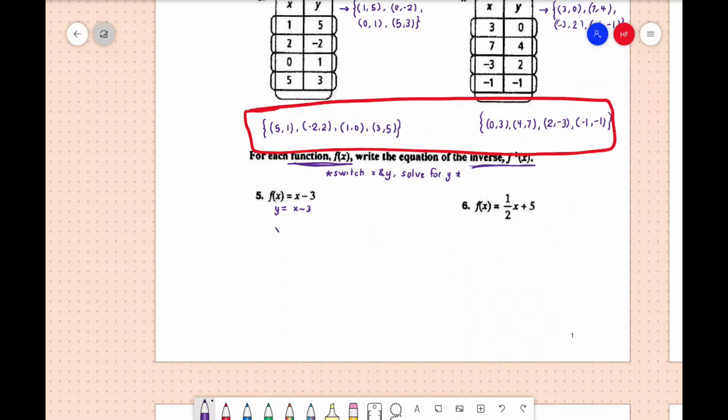So this is now x equals y minus 3. My next step, solve for y. So I add 3: x plus 3 equals y. So I do have y isolated on one side. So when I write the inverse, it's f inverse of x equals x plus 3.